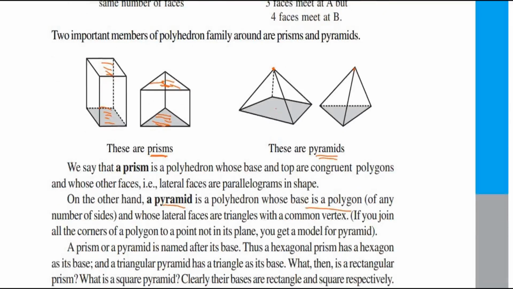See, the base is a polygon of any number of sides. It can be 3 sides like this figure, it can be 4 sides like this figure, whose lateral faces are triangles. See, lateral face will be triangle only with a common vertex, meaning if you join all the corners of a polygon to a point not in its plane, you get a model for pyramid.